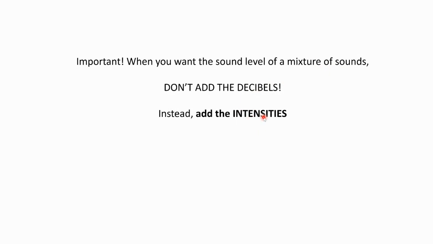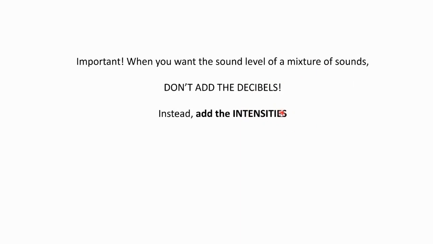Instead, you figure out what the intensity is. You add the intensities, right? Because each trumpet player is delivering a certain number of joules per second per square meter to your ear. And so if you add another one, then you're adding more to your ear.